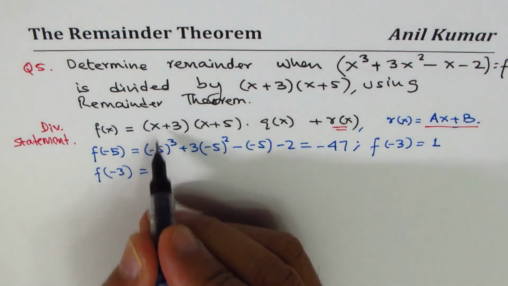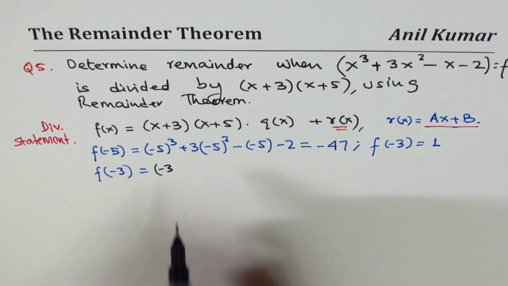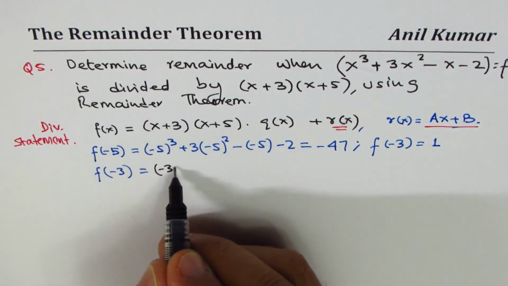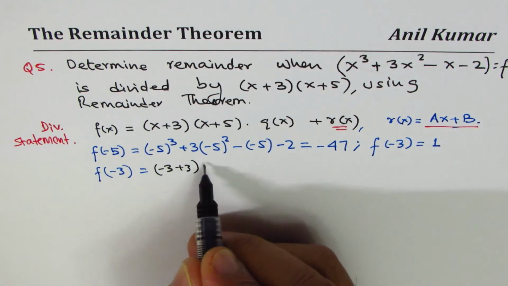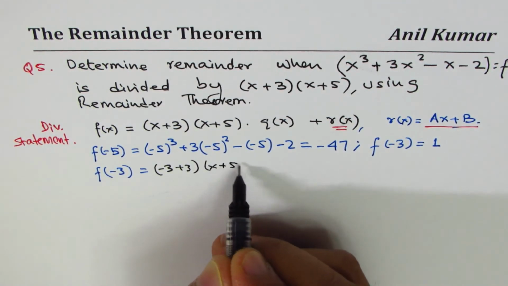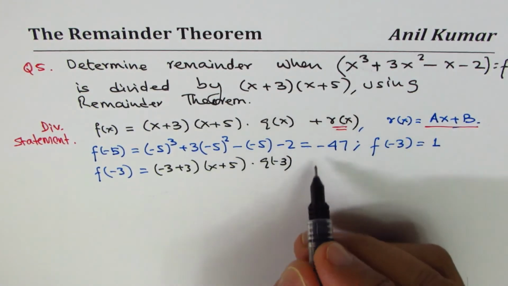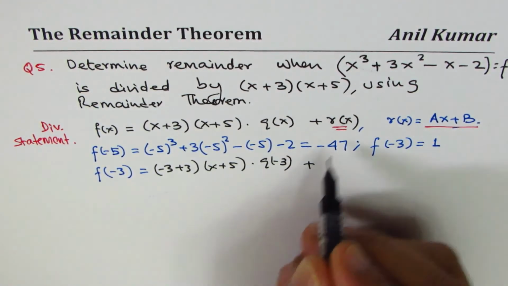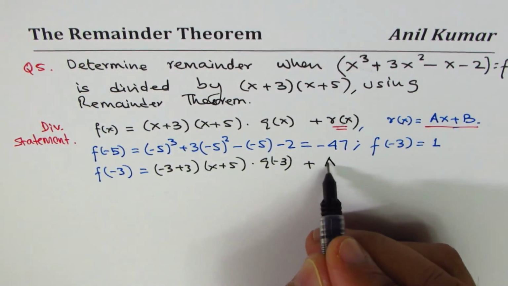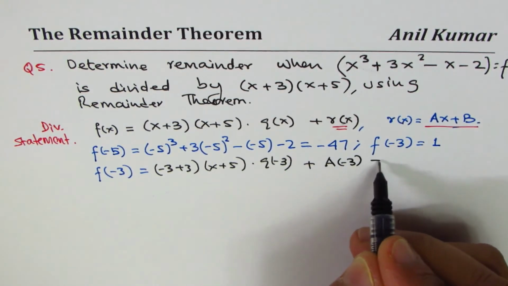What happens? If I write minus 3 here, then x plus 3 is minus 3 plus 3, times x plus 5 times quotient, let's write value minus 3, plus r of x, which is a times minus 3 plus b.